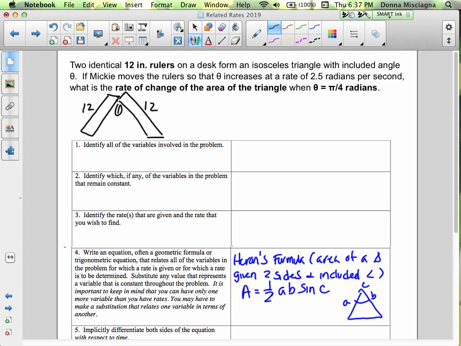This is theta right there. That's the angle in between the two rulers, the angle created by the two rulers. And so we want to find the rate of change in the area of the triangle when theta is pi over 4. So let's identify all the variables in the problem. We have a triangle, and A and B are sides in the triangle.